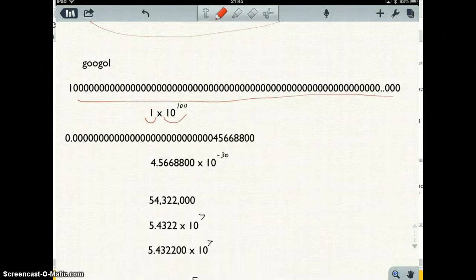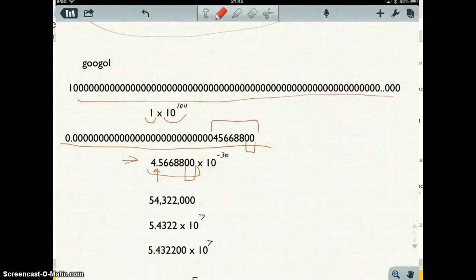It's also convenient for writing very small numbers. So here we have 0.00000 all the way to here, 4566880, and the way we write that in standard form is here. We take the part that's significant figures and put it here, and we put a decimal point after the first number, and since these last two zeros are also significant, we put those here.